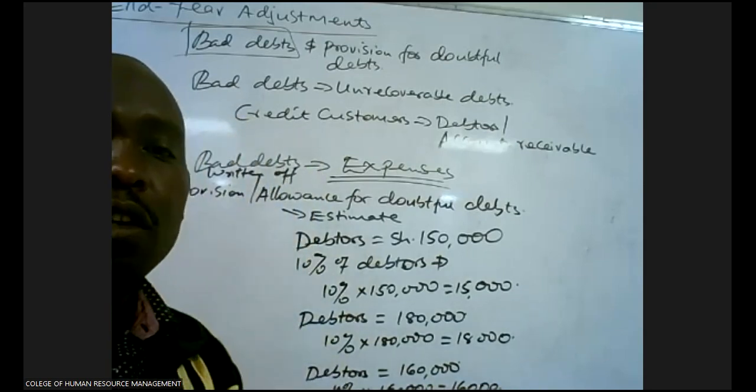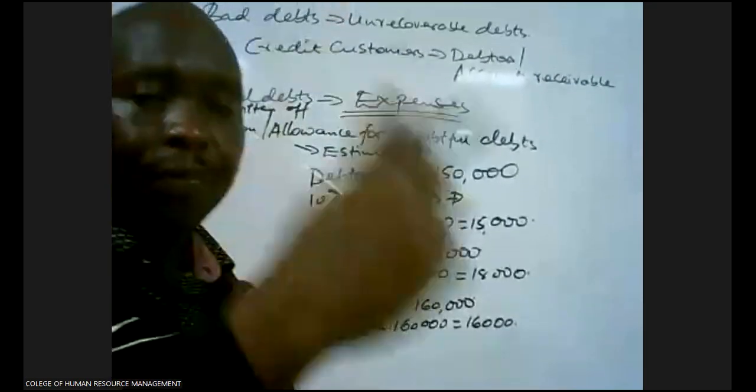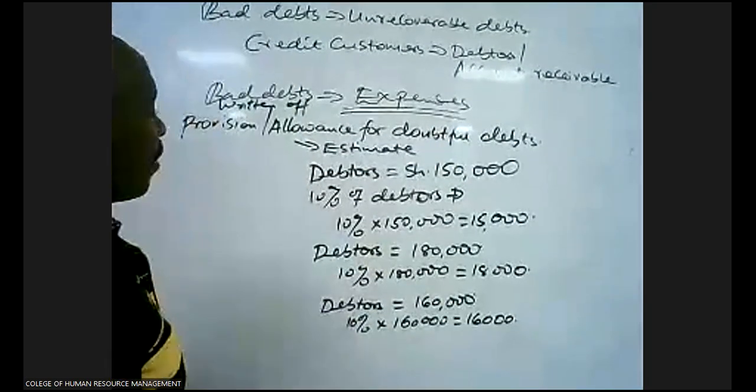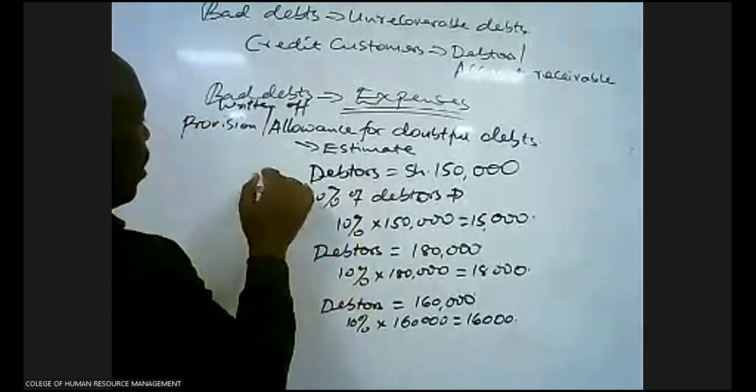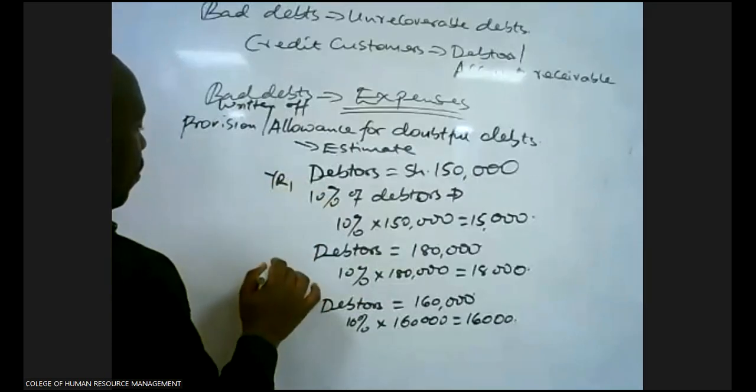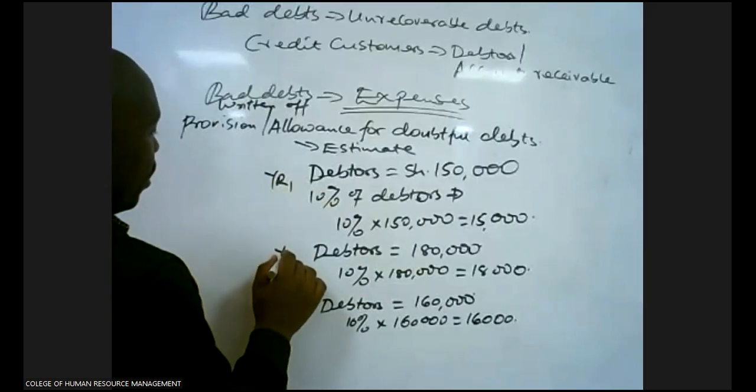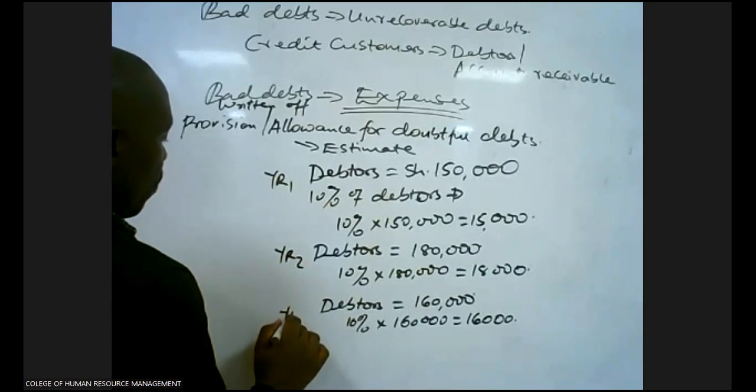So it is going to be like a sequence. For the first year, this is year 1. This is for year 2. And this is for year 3.